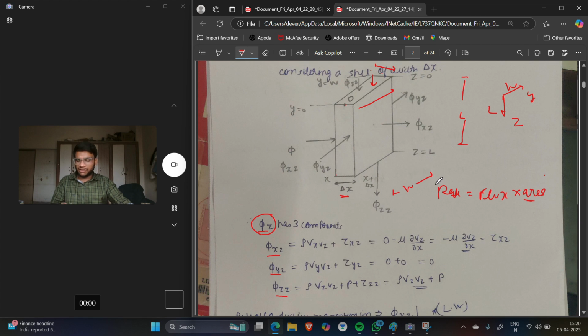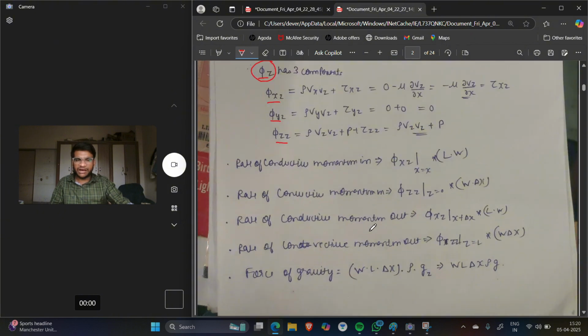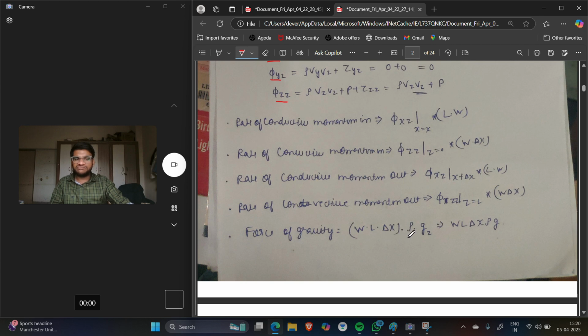Mass is volume into density. The volume of this shell, a cuboid of length L, width W and thickness delta x, is L W delta x, which I multiply with the density to get the mass. g is the acceleration due to gravity in the z direction. So I get W L delta x rho g. This is my force of gravity acting on the system.